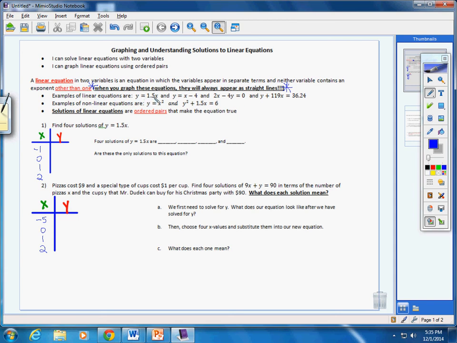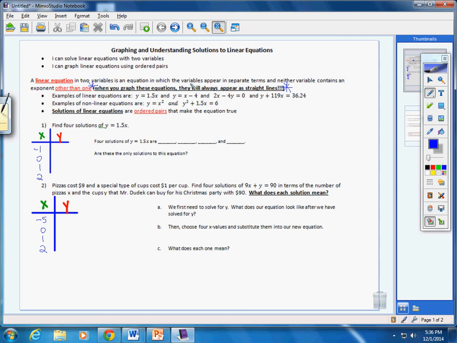Y equals 1.5x, or y equals x minus 4, or 2x minus 4y equals 0, or y plus 119x equals 36.24. All of those examples, there are many, many more you could come up with. All those four examples meet our definition of a linear equation.